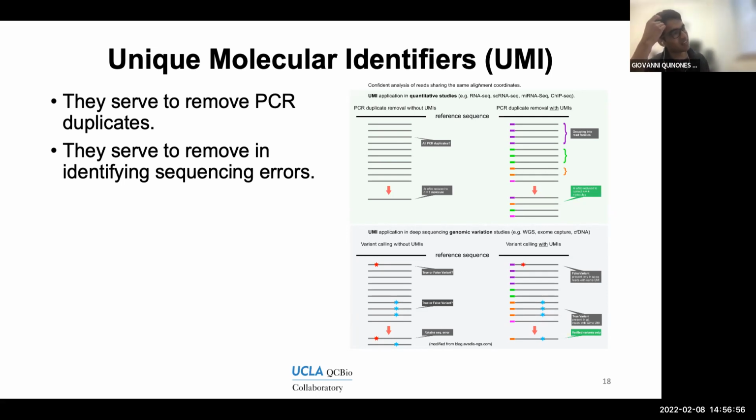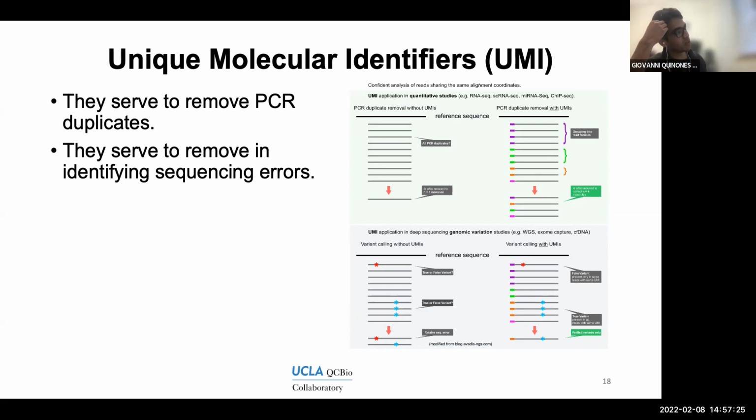Depending on the type of sequencing, how many cells you want to sequence, and your minimum requirement of sequencing depth, you can get different amounts of reads for each individual cell.